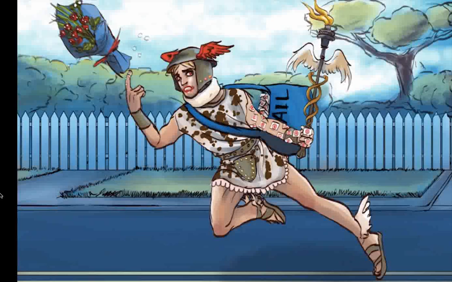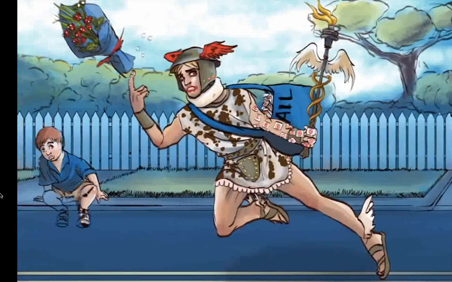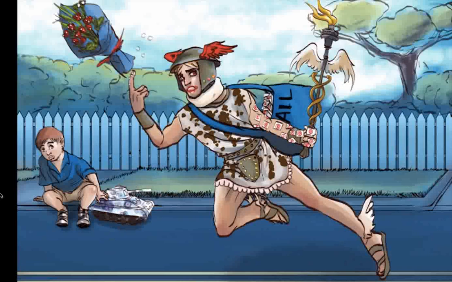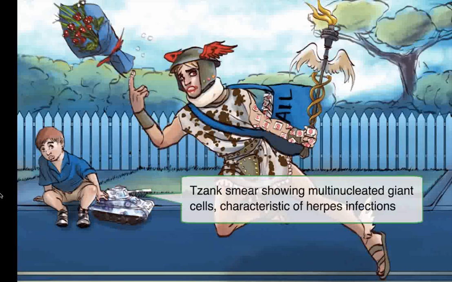When you perform a Tzanck smear, you're looking for multinucleated giant cells, which are characteristic of herpes infection. So to remember this, we've drawn in a kid here playing with a tank on the side of the road. The tank is for Tzanck. And notice the camo on the tank? It's drawn to look like large multinucleated cells.